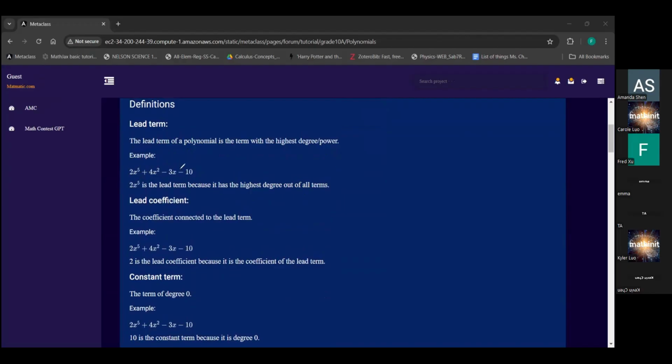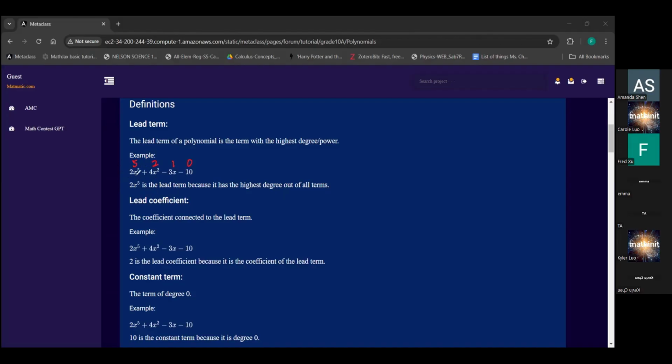So we have this polynomial over here, 2 times x to the power of 5 plus 4 times x squared minus 3x minus 10. So the exponent for this one is 5, exponent here is 2, this one's 1, and this one's 0. And of course, 5 is the greatest out of all 4. So this is the leading term.